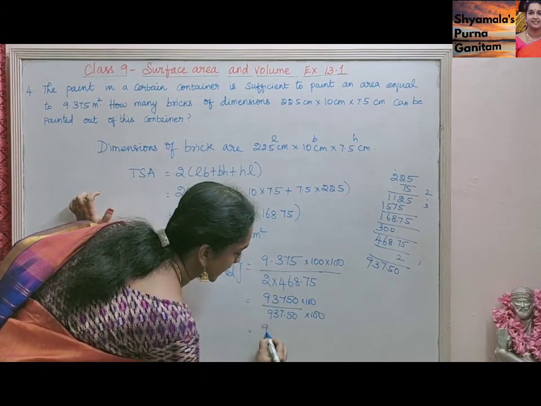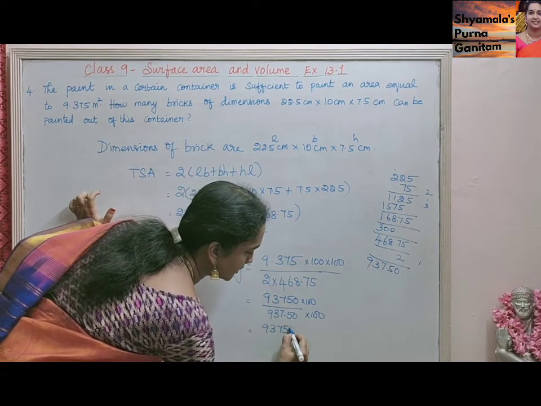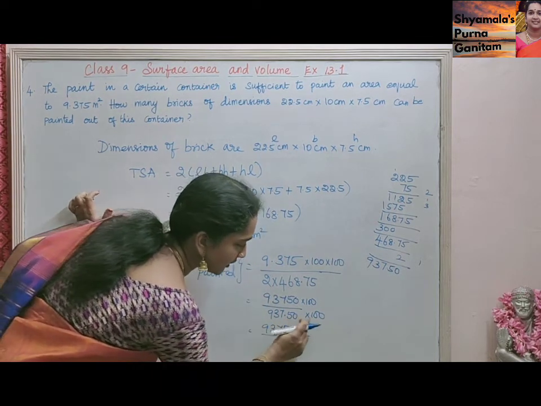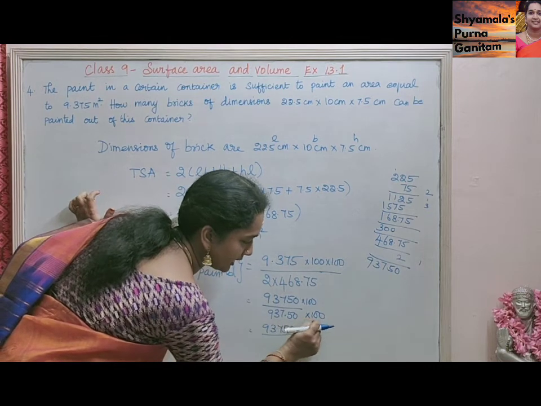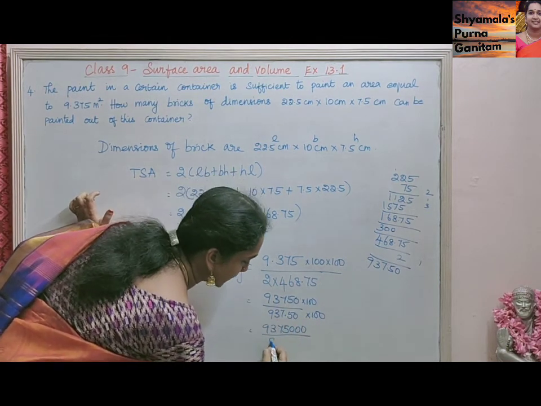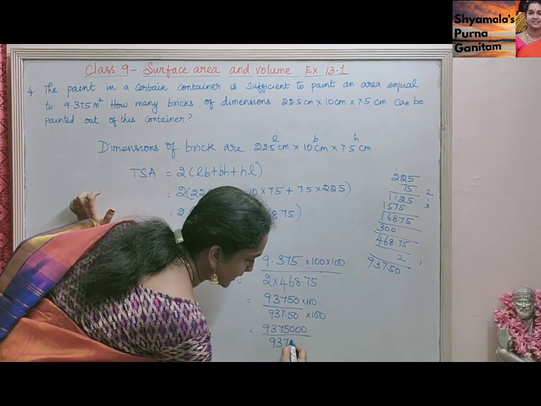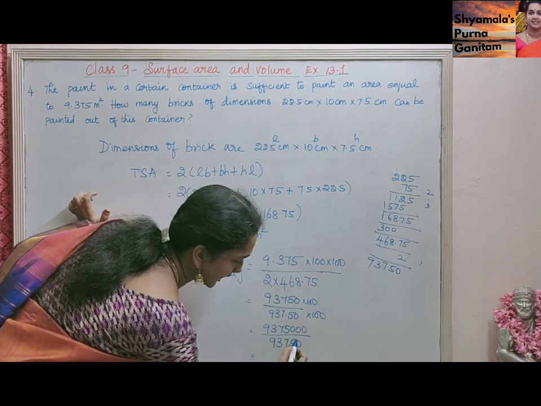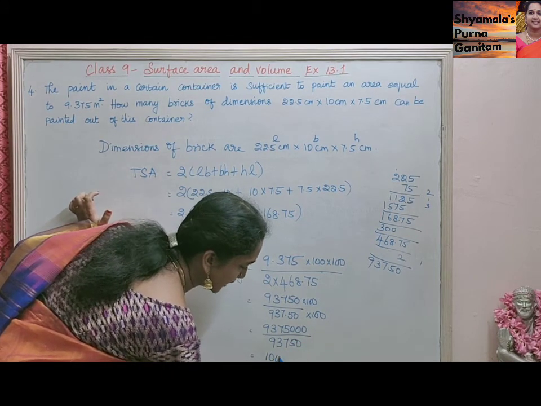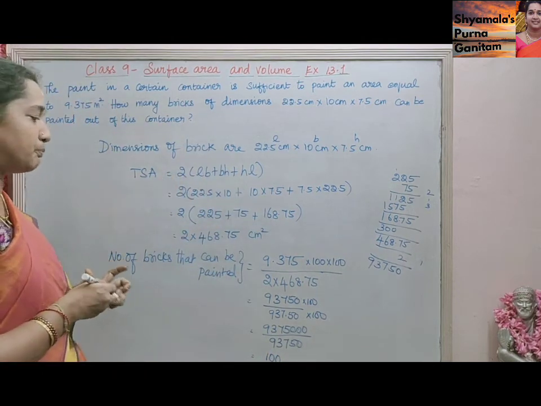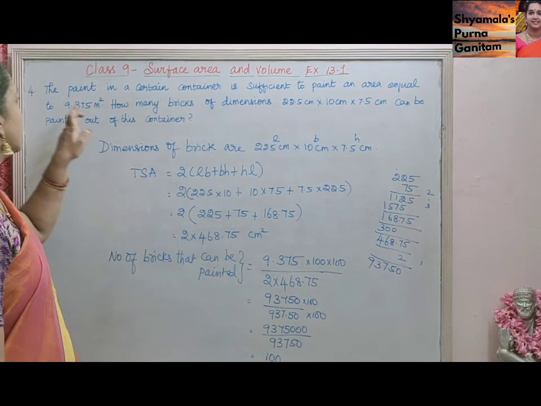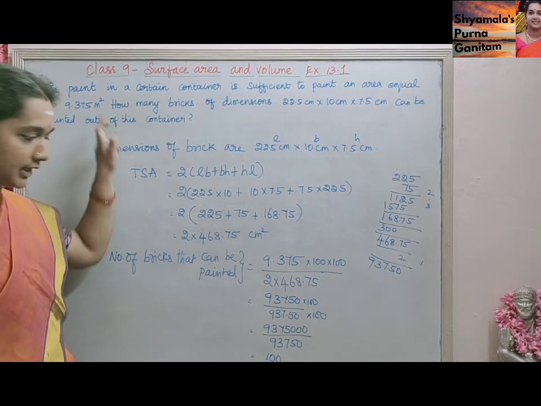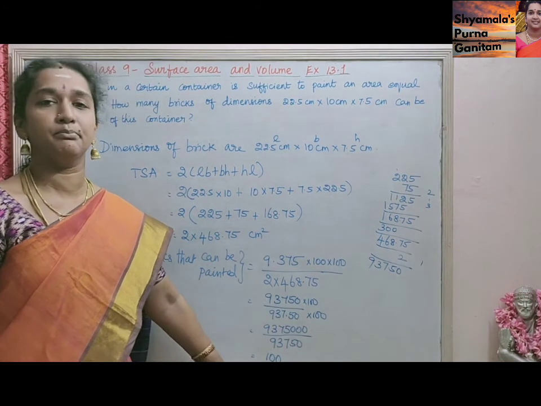So we get 93750 over 93750, which simplifies to 100 bricks. So the number of bricks that can be painted from 9.375 meter square is 100 bricks.